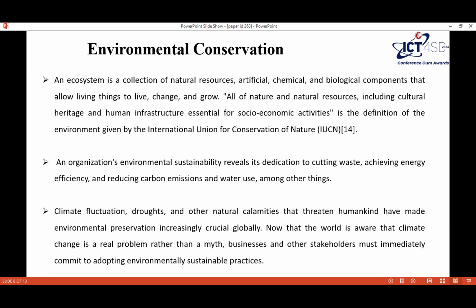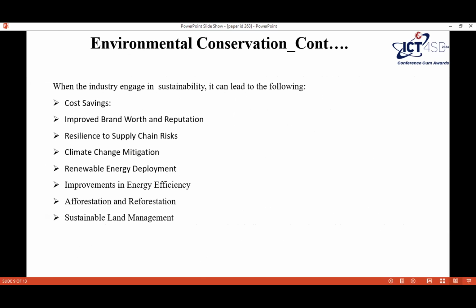Climate fluctuation, droughts, and other natural calamities that threaten humankind have made environmental preservation increasingly crucial globally. Now that the world is aware that climate change is a real problem rather than a myth, businesses and other stakeholders must immediately commit to adopting environmentally sustainable practices.